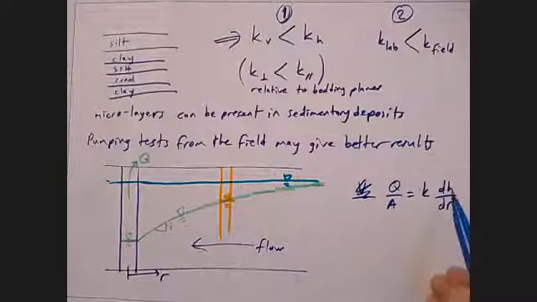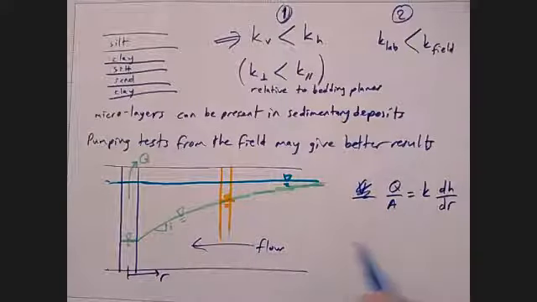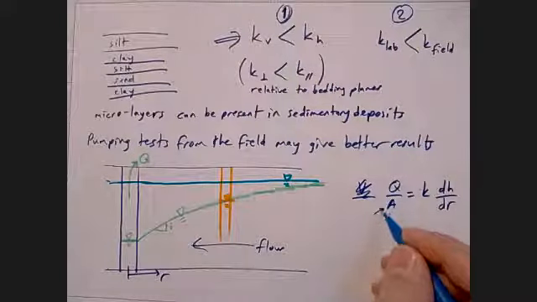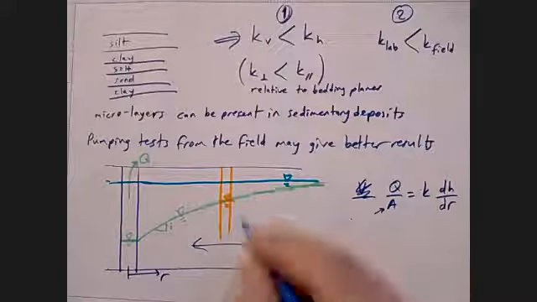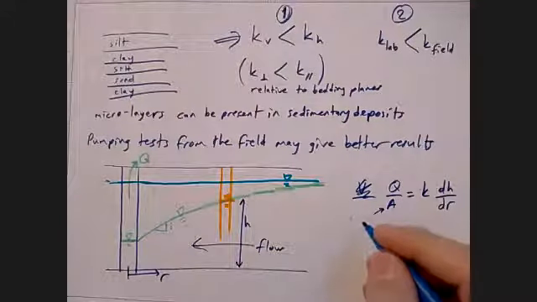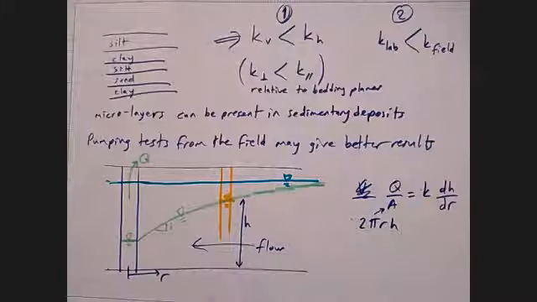So here is your hydraulic gradient then, and then your A becomes, and let's call this H. So your A becomes 2 pi r H, the lateral area of a cylinder through which flow happens.